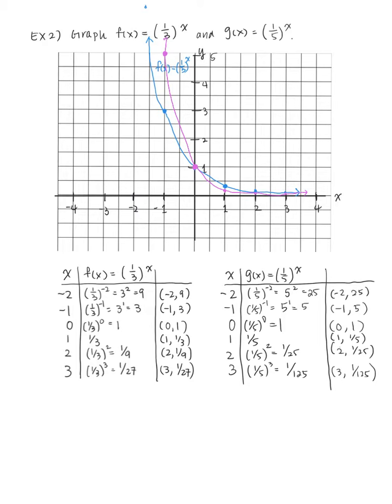So please pretend that the tail end of the graph is never going to touch that x-axis. The one that we just drew is our g of x equals 1/5 to the x power. Now notice that our g of x decreases a little bit quicker than our f of x when the base is less than 1.